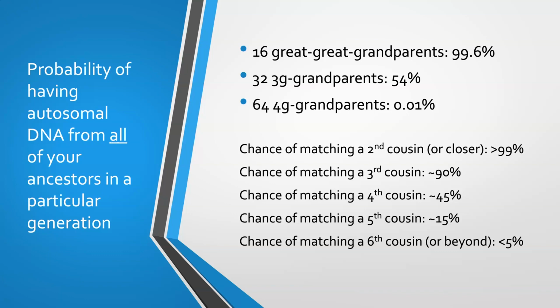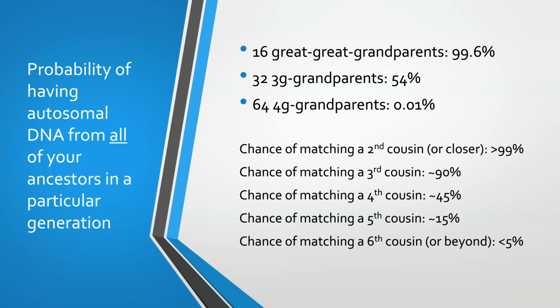Does that mean we'll never match our distant cousins? No, we will match some of them. Of course, as we go out to third, fourth, fifth, and sixth cousins, we should have a lot more of them. But it also means that for most of them, we won't match them through DNA. We didn't get the same DNA from them. What makes it interesting is that our siblings might have.